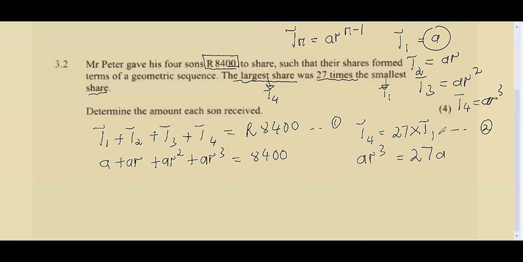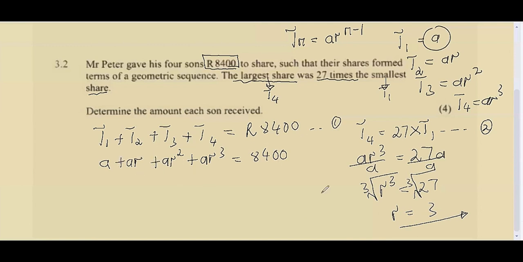We can use this expression to calculate the value of r by first dividing both sides by a. Then r cubed is equal to 27. To get rid of this cube, let's cube root both sides. Now, what is the cube root of 27? That's equal to 3.